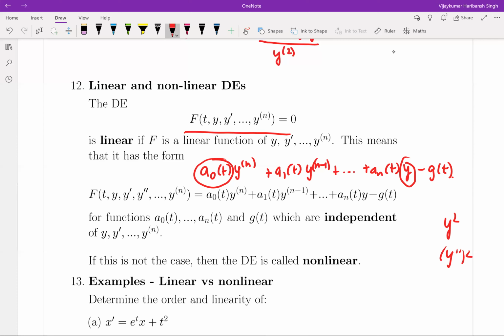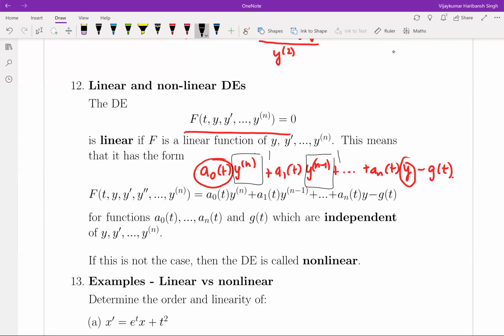So every power of these is 1. That's why we call such a differential equation a linear differential equation. And if the above is not the case, then we have a non-linear differential equation.